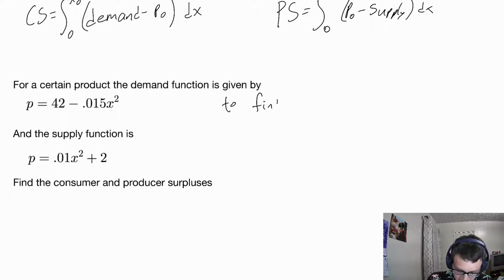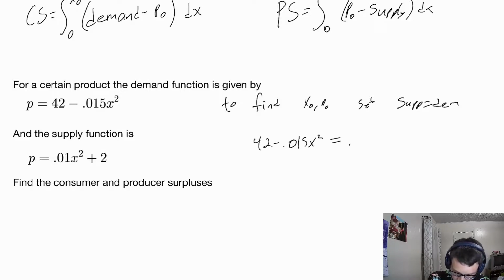So to find the point of equilibrium, we set the two things equal to each other. We set supply equal to demand. So 42 minus 0.015 x squared equals 0.01 x squared plus 2.